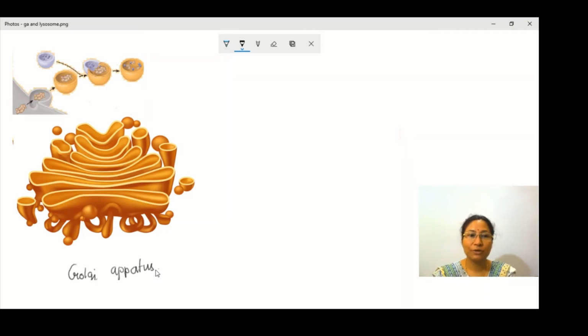Students, now in front of you on the screen is the Golgi apparatus. It has many components which are similar to the endoplasmic reticulum. Here also you can see certain sac-like structures stacked one upon the other. These sac-like structures are called the cisternae.